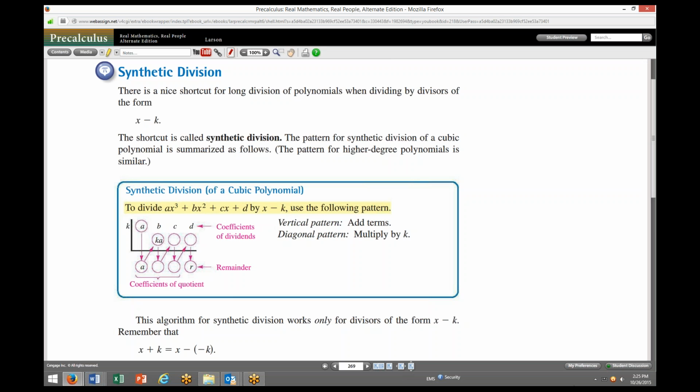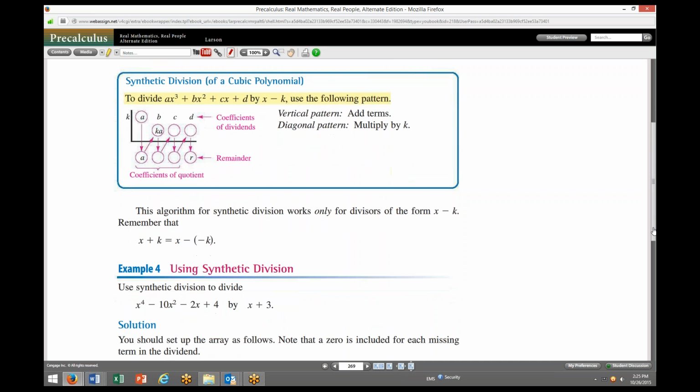Probably somebody who had to do a lot of polynomial long division, and they started noticing some patterns in the process and applied some very clever thought to it and came up with a much simplified system of accomplishing polynomial long division, in which we do not have to write the x's, we don't have to write the exponents, we only use the coefficients of the terms.